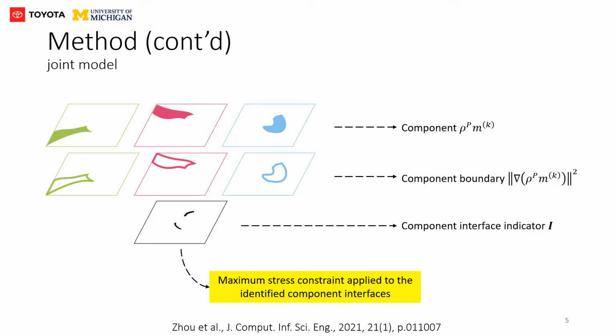After the boundary of each component is identified, as shown in the middle row, a component interface indicator I is proposed to identify component interfaces via a heaviside projection. Then, a maximum stress constraint can be applied only to the identified component interface region for the joint modeling. A user-specified joint stiffness tensor can also be applied to the identified component interface domain, which is different from base materials.